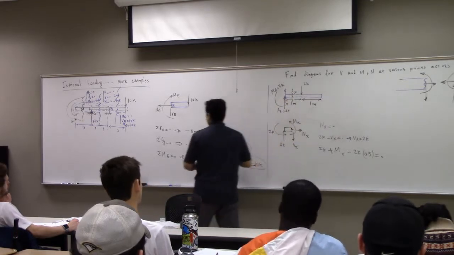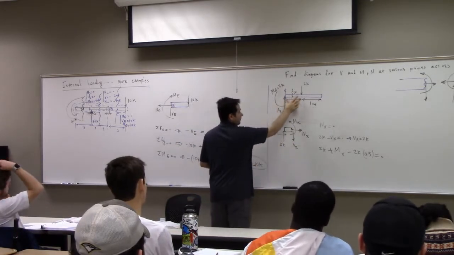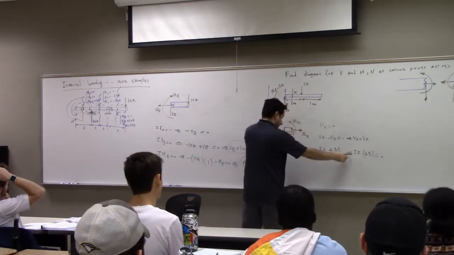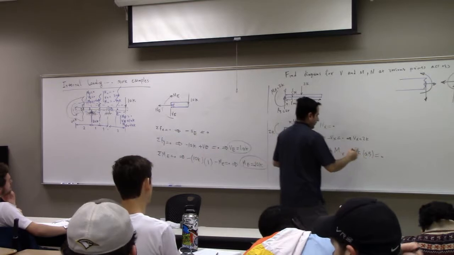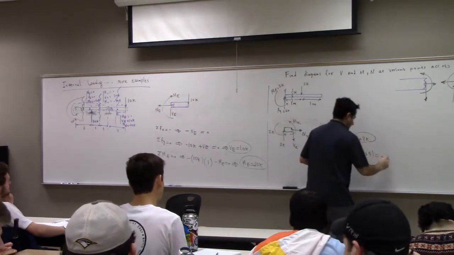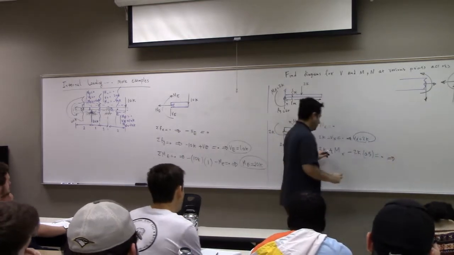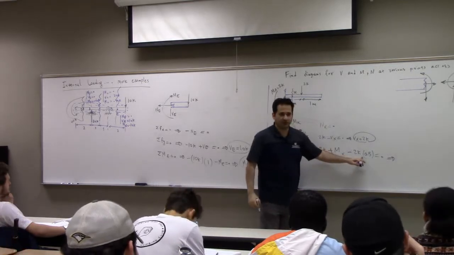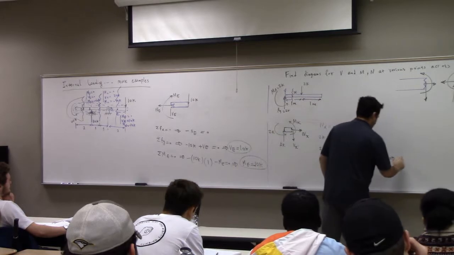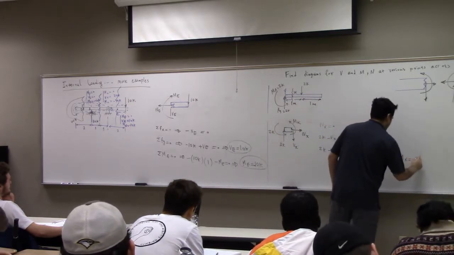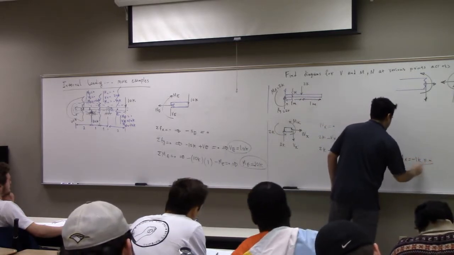This distance is just half of 1, because I put it at the center. So it's negative 2K times 0.5, which is 1. If you solve that, 2K minus 1 is 1, take it to the right, MX is negative 1 kilonewton meter.